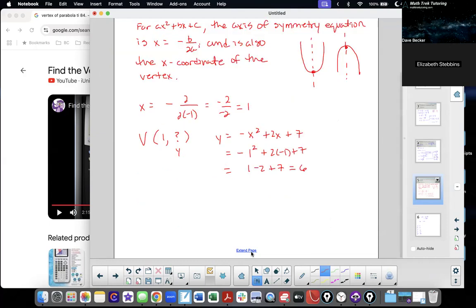So the vertex is at 1, 6. I went pretty quick. Did you get the same thing? Wait, is it supposed to be -1 in parentheses? Oh yeah, I just didn't bring the negative down. So this should be 4. Did you get 4?